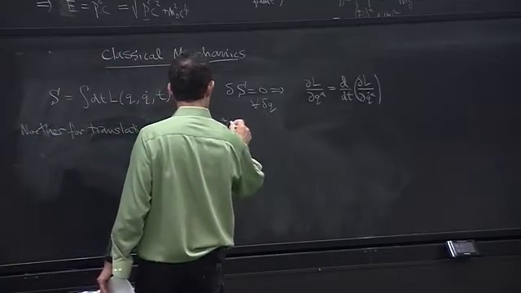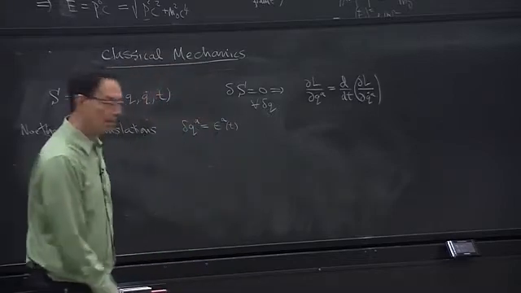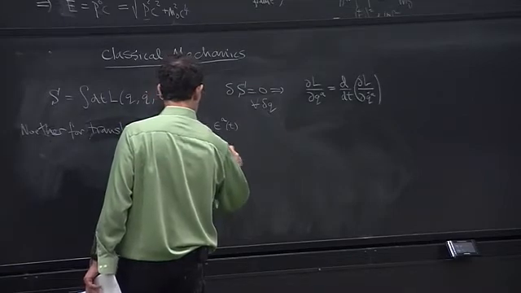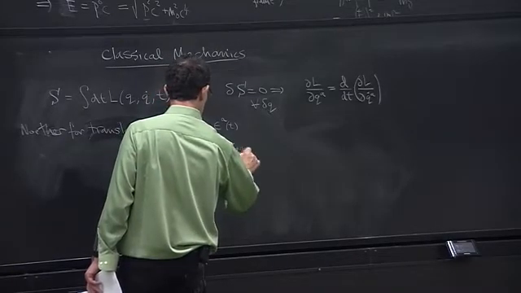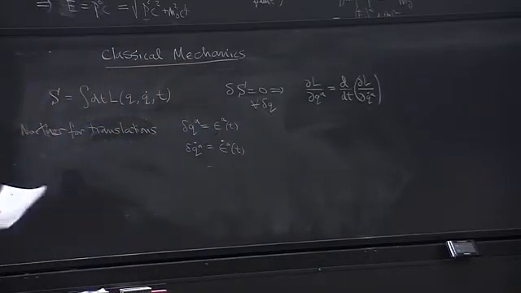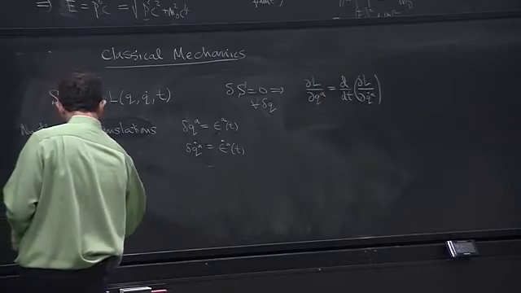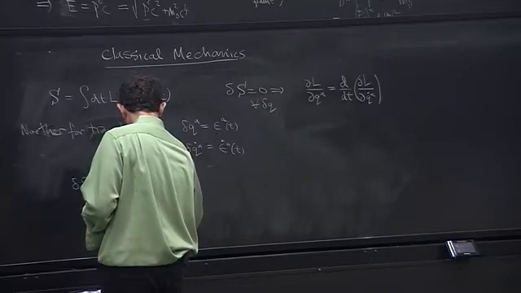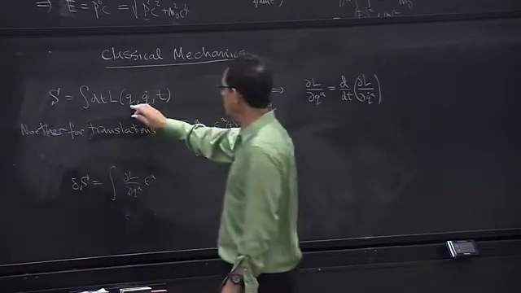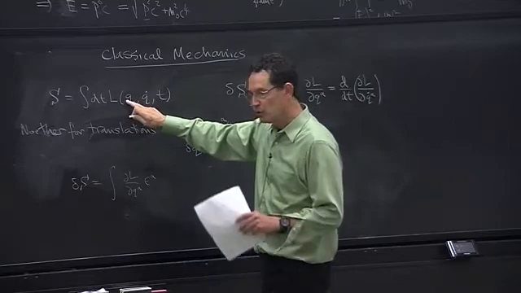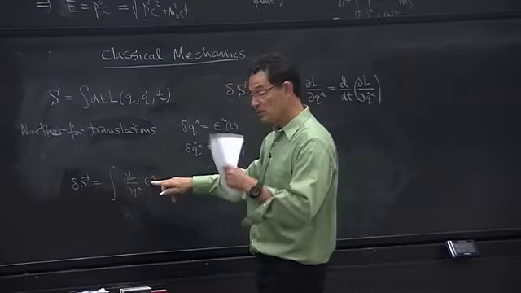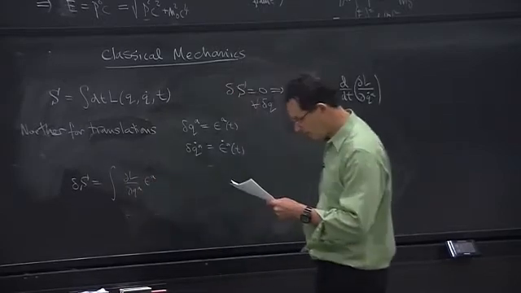But Noether is going to make this a function of time. That's the clever trick. So it follows that the variation of the velocity is the time derivative. So now let's calculate the variation of the action. I'm varying q, so I take the partial derivative of the Lagrangian with respect to q times the variation of q, which is the epsilon.